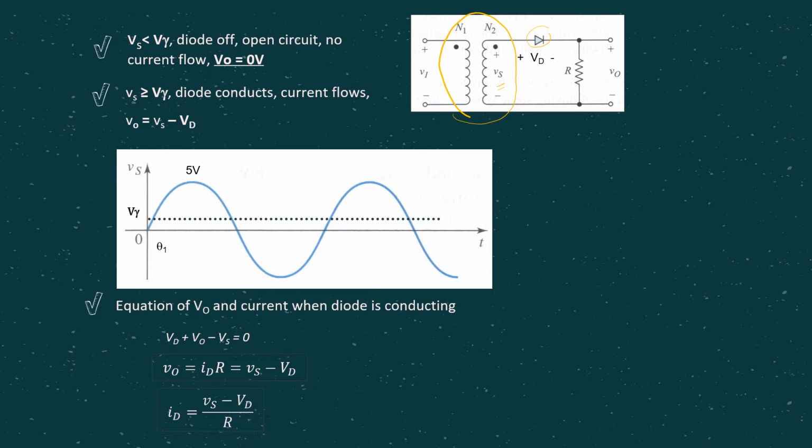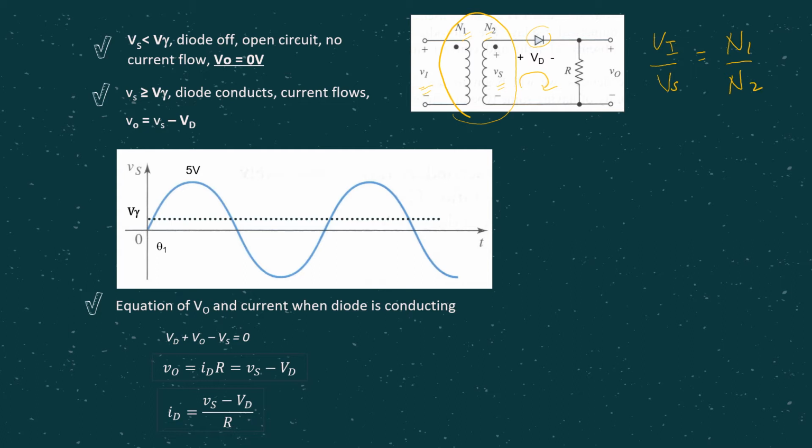Okay, you can see one closed loop here, right? Then one thing that I need to highlight here: if you are given the Vi value and the transformer turns ratio, you can first find this Vs. For example, Vi over Vs equals N1 over N2.